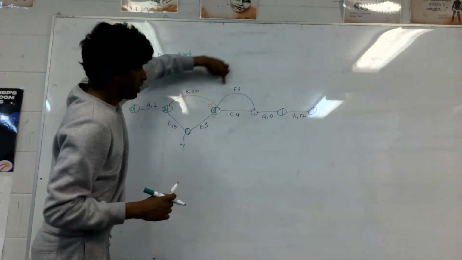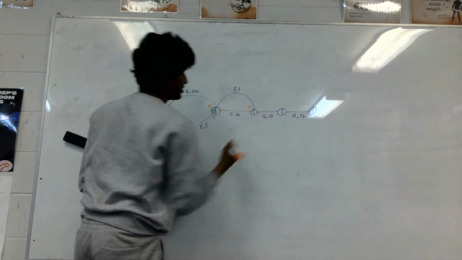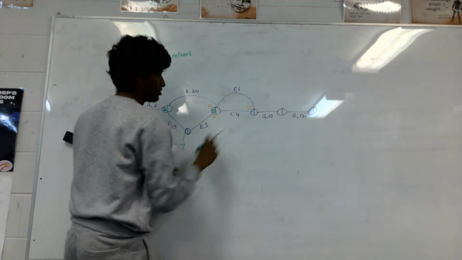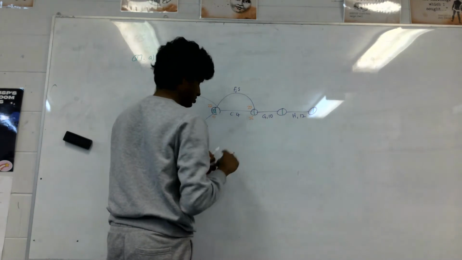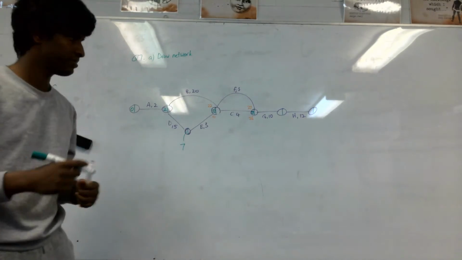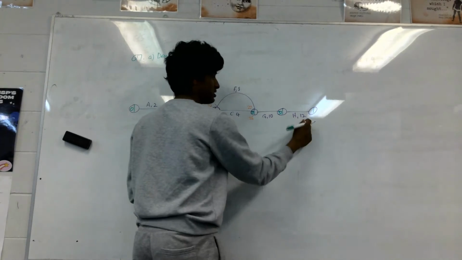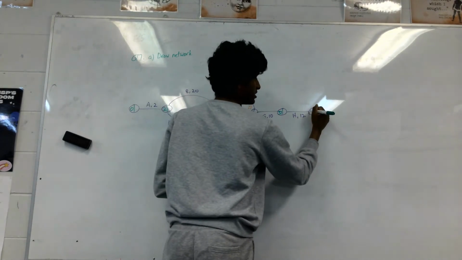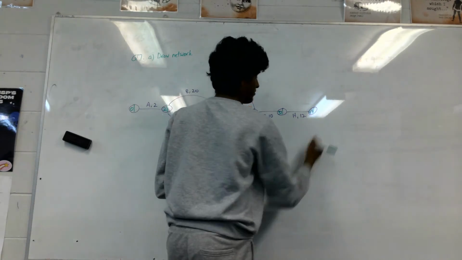Then we're going to go up this way. 22 plus 5 is 27. 22 plus 4 is 26. Which means this takes 27, because that's the bigger number. 27 plus 10 is 37. 37 plus 12 is 49.